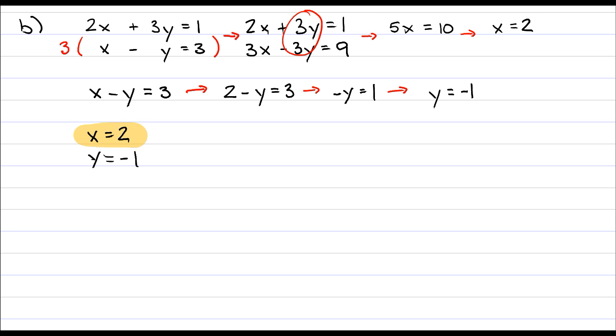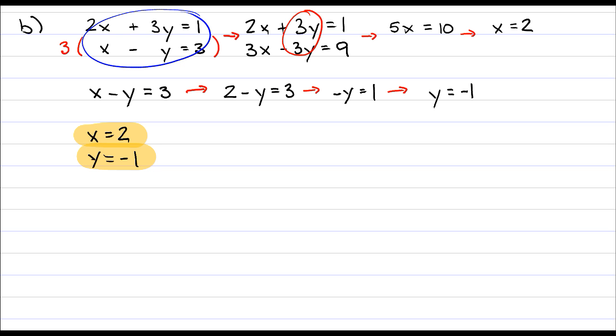Like I mentioned in the previous part, we can actually check these to see if we have the right answer. Let's see how that works. Our initial equations were 2x plus 3y equals 1 and x minus y equals 3. The x and y we found should satisfy those.